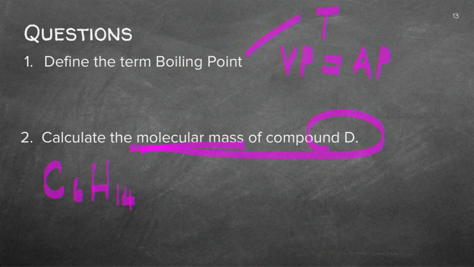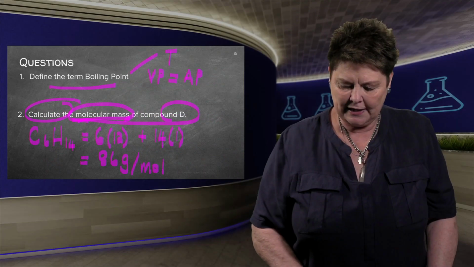You go back to your periodic table. I've got 6 carbons, and carbon is 12, plus 14 hydrogens, and hydrogen is 1. If I add that together, I get 86, and the unit for molecular mass is gram per mole. So I already have marks for my theory as well as my calculation.